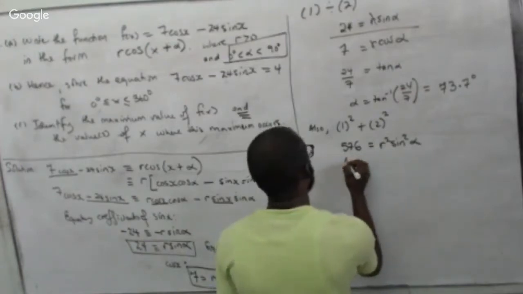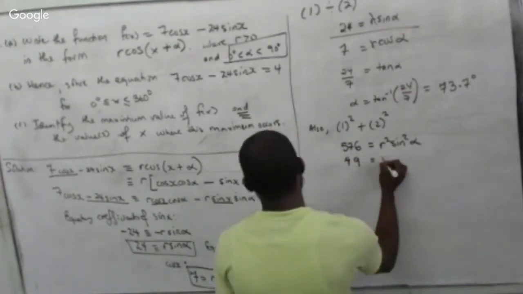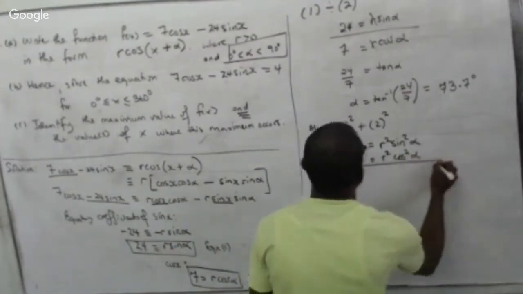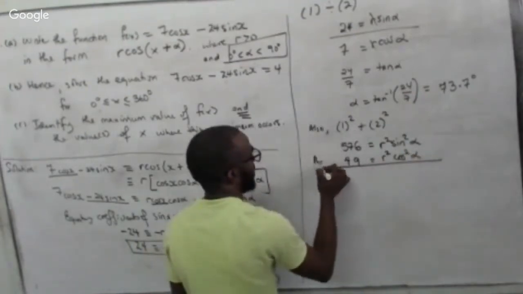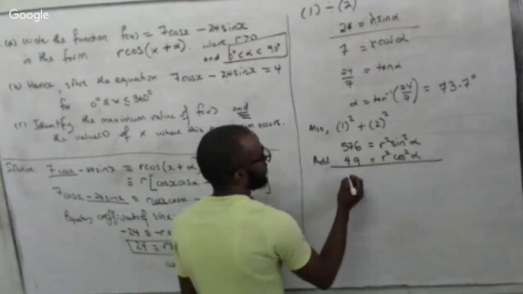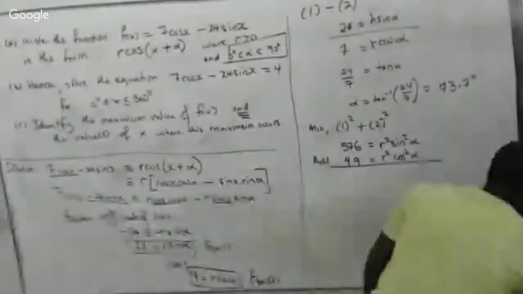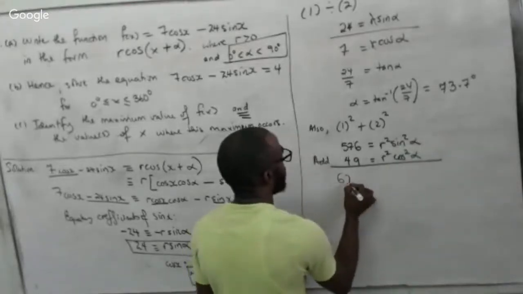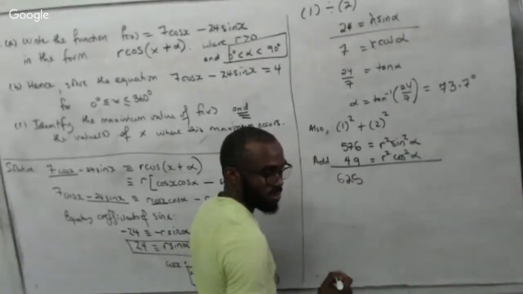And then 7 squared, 49, equal to R squared cosine squared alpha. Adding will give me 576 plus 49, 625. That's supposed to look like a perfect square.